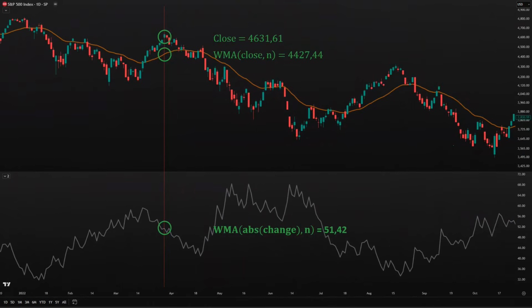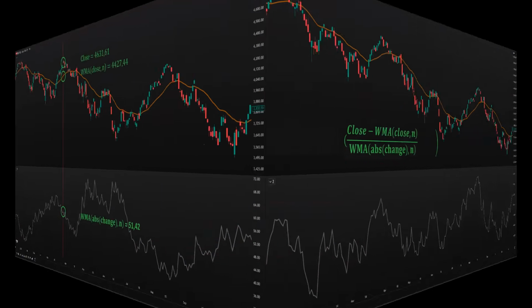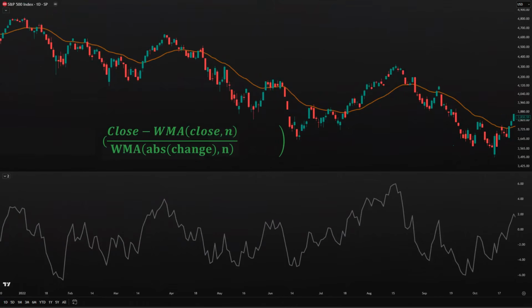So far, we've used 2 out of 3 key values needed to calculate RSI, the closing price and the moving average of closing prices. We still need the moving average of close-to-close changes, volatility. A 204-point move might be massive in one market, but completely insignificant in another.